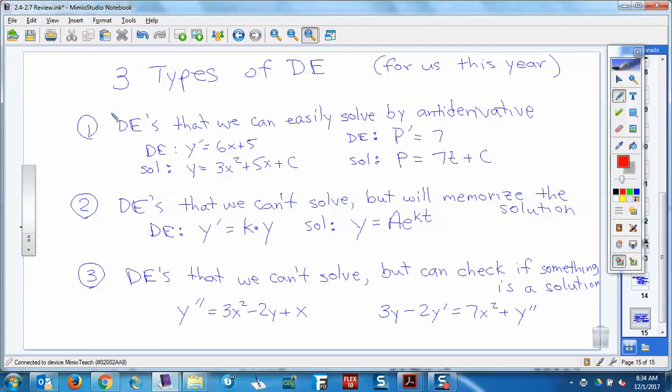That's the only one we're going to memorize: output variable prime equals k times the output variable. So p prime equals kp, y prime equals ky, z prime equals kz, whatever. The solution is always this. Those are either going to be some sort of population growth or exponential growth or decay or bank interest, right? Well, that's what 47 is.